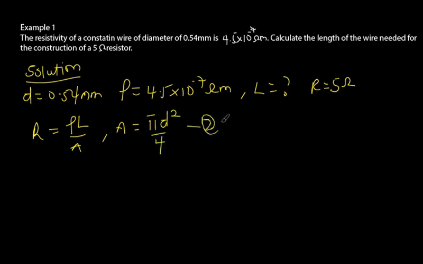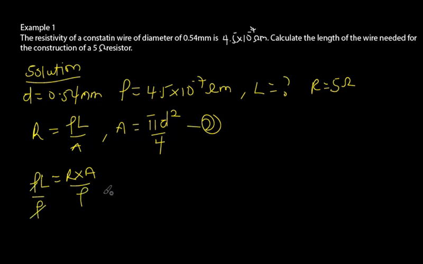So if this is our equation 2 and this is equation 1, if we substitute this into equation 1, what are we going to get? Let's cross multiply over here. So we get our resistivity times length to be equal to resistance times area. Okay, so we divide by resistivity.